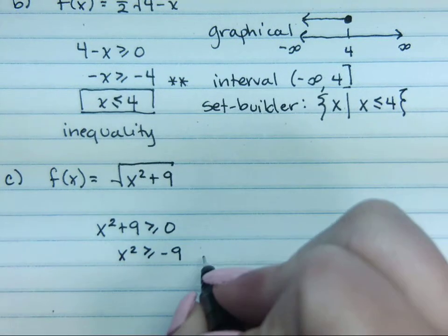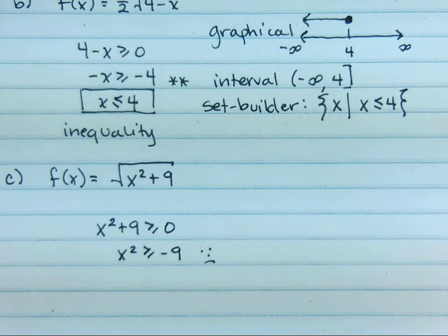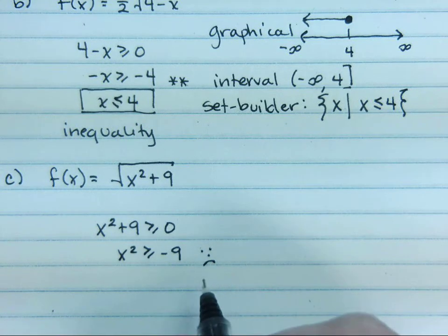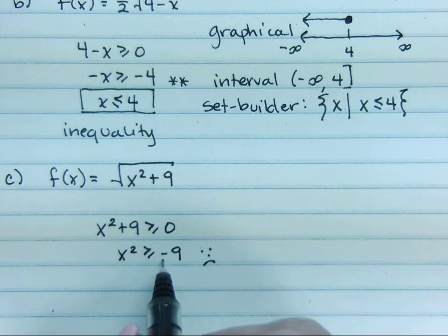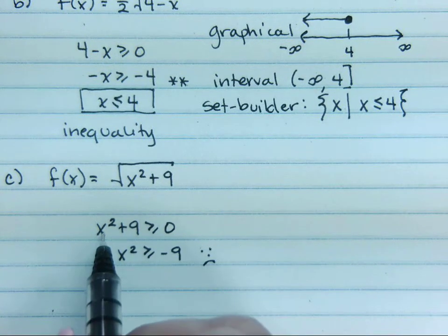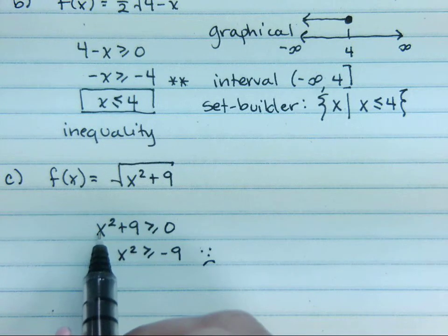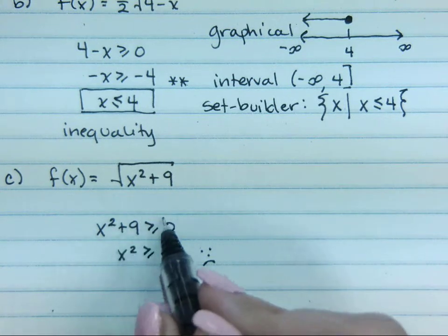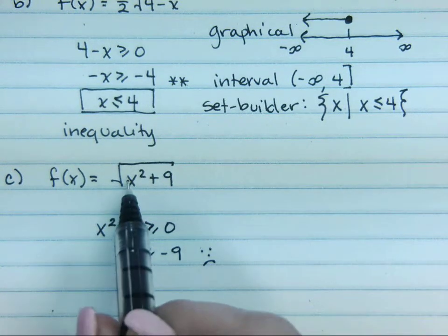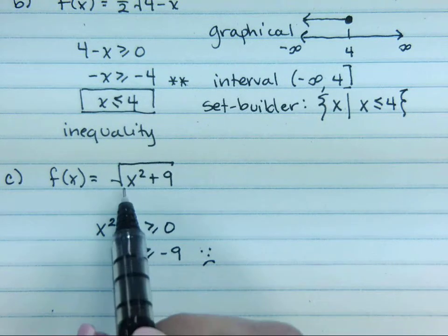That can't happen, so I'm not allowed to do that step. But that's actually okay. No matter what value I put in for x, when I square it, this will always be positive plus a positive, which means this will always be a positive value. I am not going to exclude anything at all from this expression.